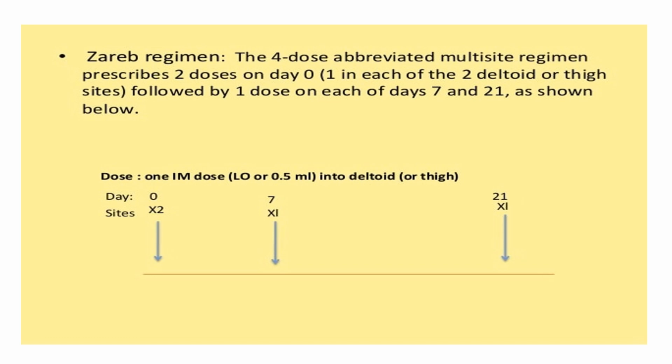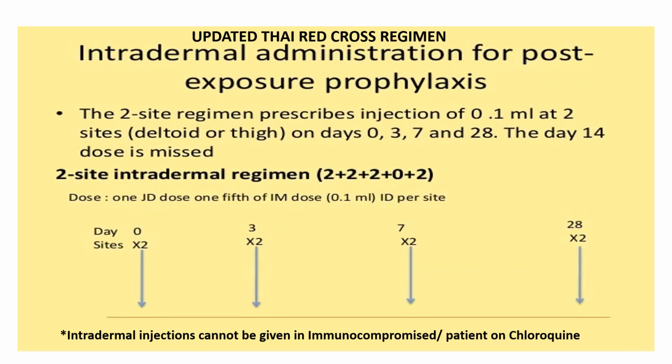The Zagreb regime is currently not practiced in our country. Rather, the official regime is the updated Thai Red Cross regime, which is intradermal administration for post-exposure prophylaxis, and it involves a 2-site regime of 0.1 ml at 2 sites at one time.